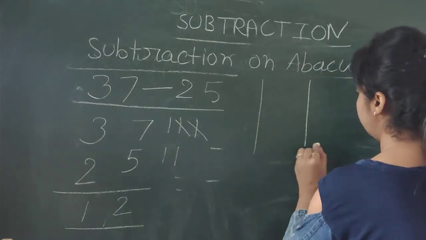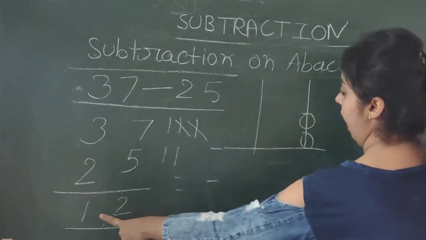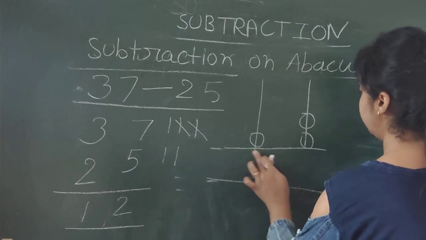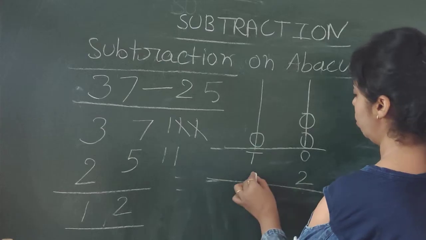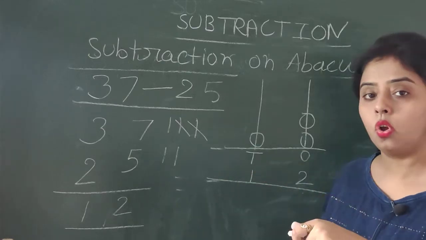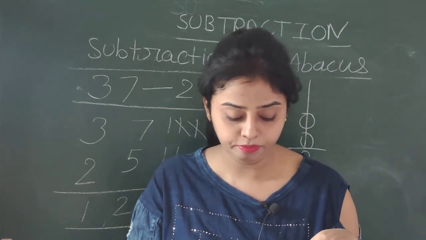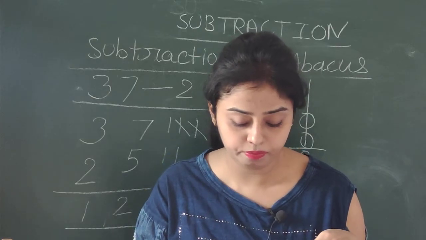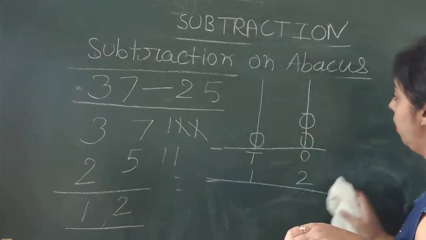So abacus is 1 and 2 and 1. So ones place and tens place. Ones is 2, tens place is 1. 12 is the right answer. Okay students, write now in your notebook. Do fast. Let's take another example.